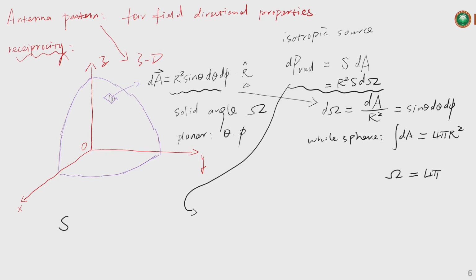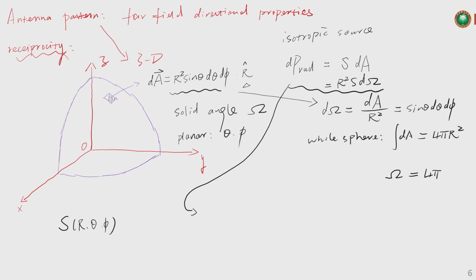If our source is not just an isotropic source, the power density becomes axis dependent. It depends on the radius, the zenith angle, and the azimuth angle also. So it cannot be uniform.